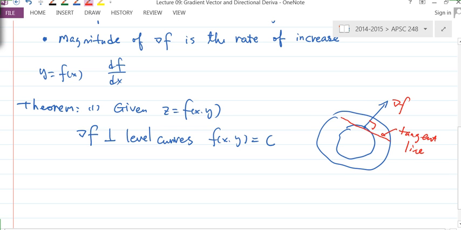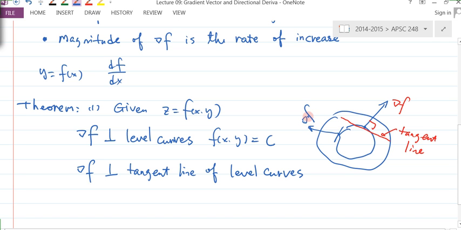So the gradient vector is perpendicular to the tangent line of this level curve. If you ask about another point, you draw another tangent line there, and the gradient vector del f at that location will be perpendicular to the tangent line at that location. So that's a fact.